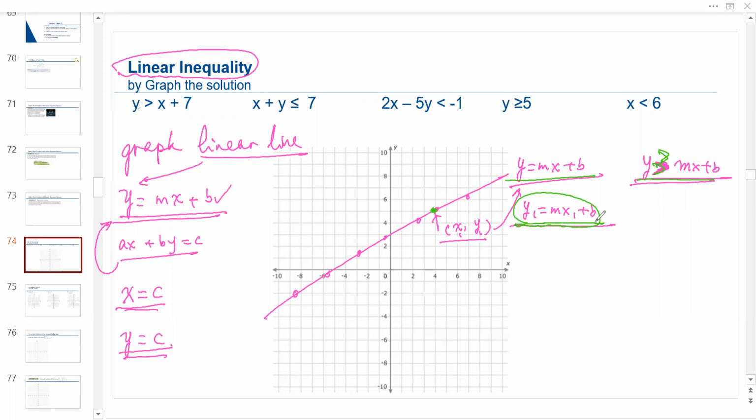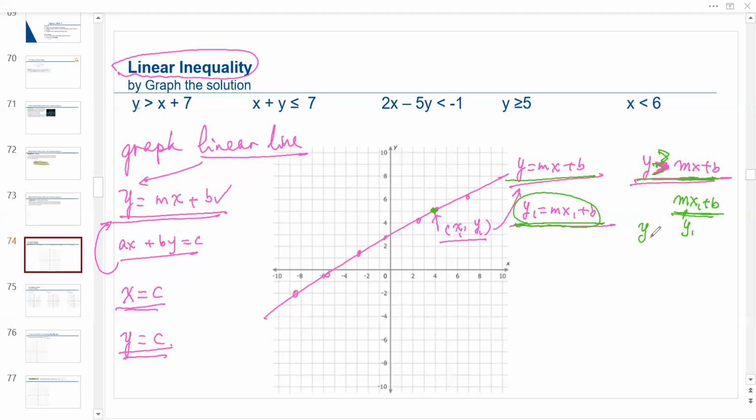So if you find this dot, what does it mean? It means if you put x1 right here, actually you get a y1, right? This one equals y1. If you pick this dot, this is y1.